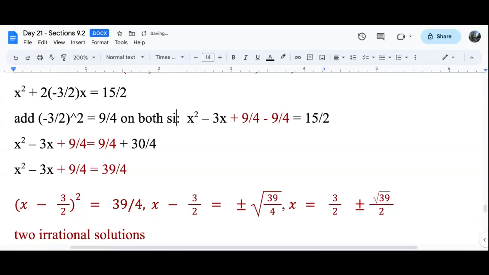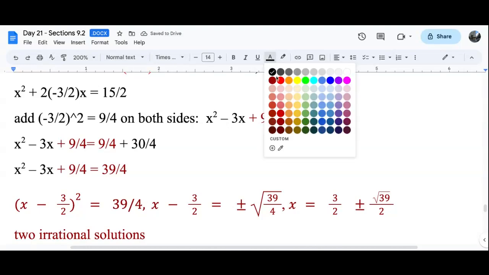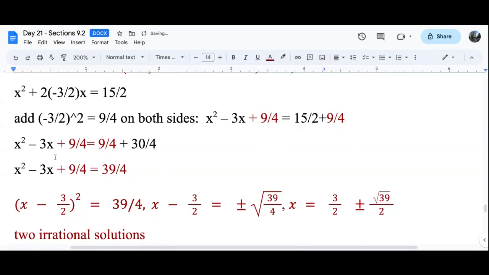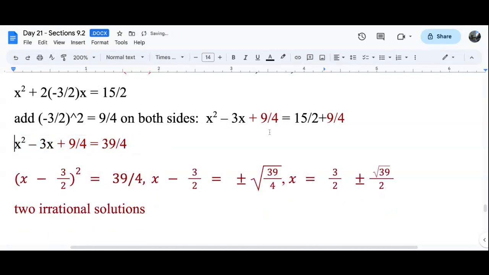It's the same. It means we don't write this one here on this side. We write it on the other side. Okay, nothing changes. Exactly the same. Then we don't need this one. Right? Add those two, get 39 over 4.